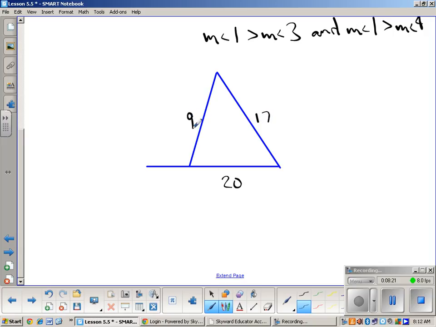Obviously not drawn to scale, right? Okay. 1, 2, 3, 4. We want to know what is the largest angle.